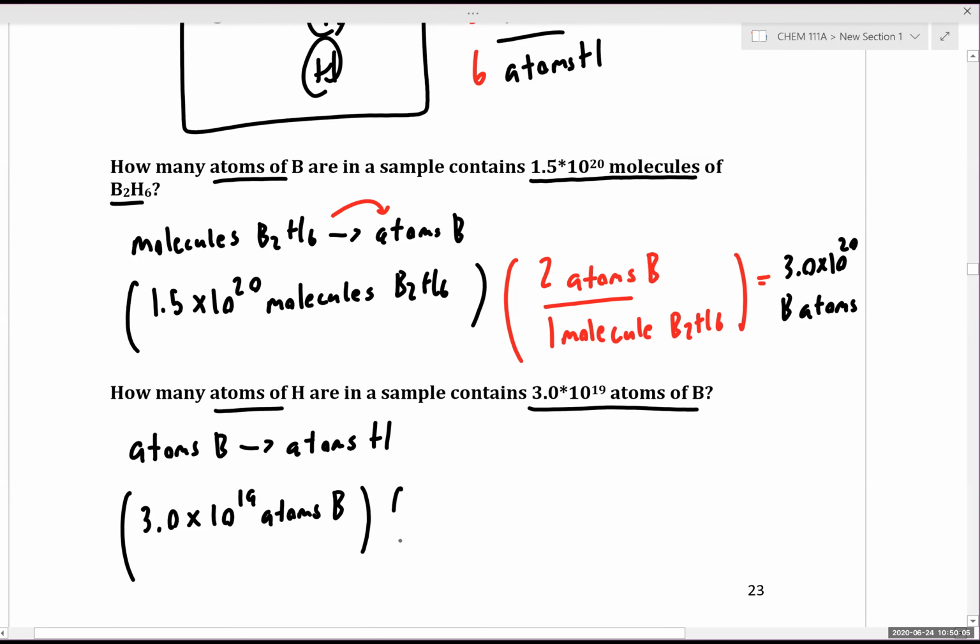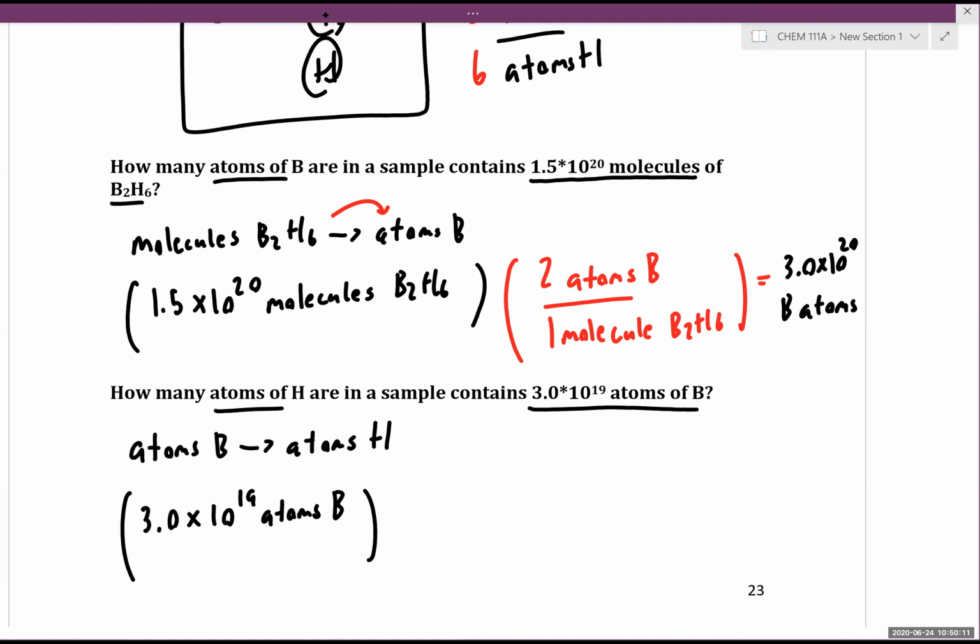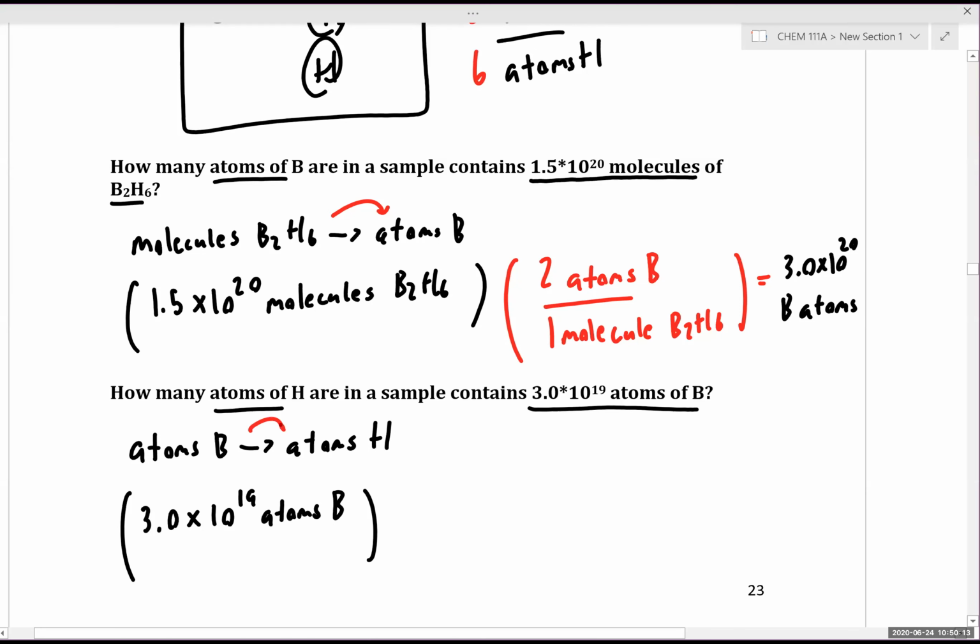And now if we're going to atoms of hydrogen, what units need to be on top? Yep, atoms of hydrogen per atoms of boron.